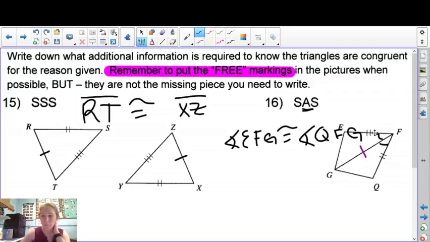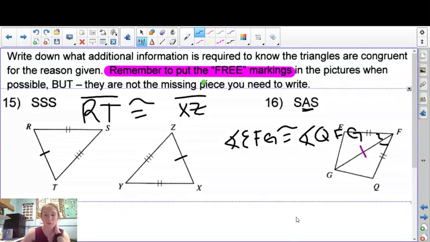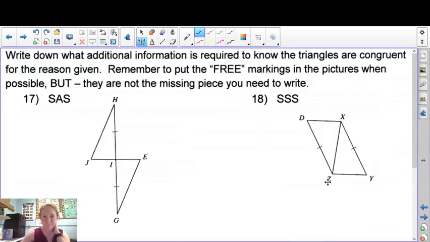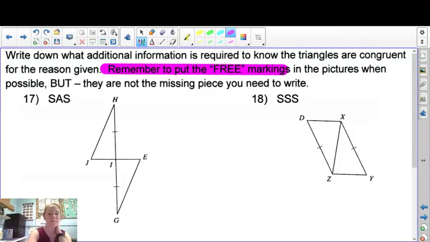Could I have gone backwards? Absolutely, as long as F's in the middle and you go the correct, consistent way. Okay, let's go ahead and highlight our free stuff so we don't forget.